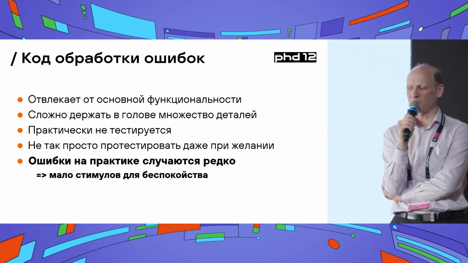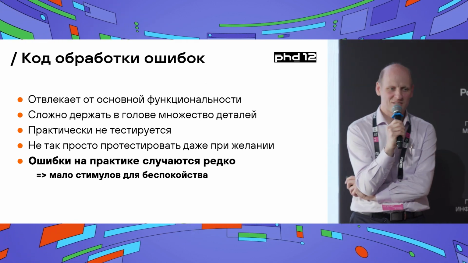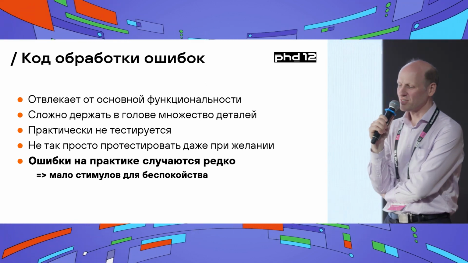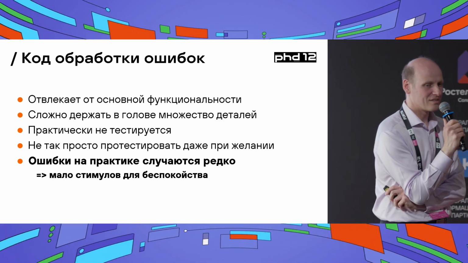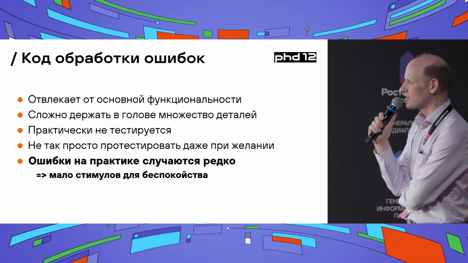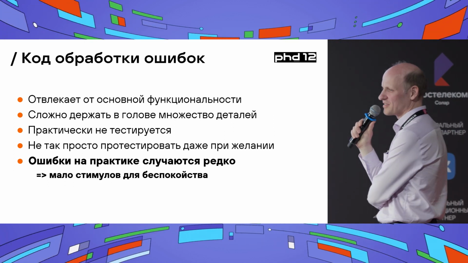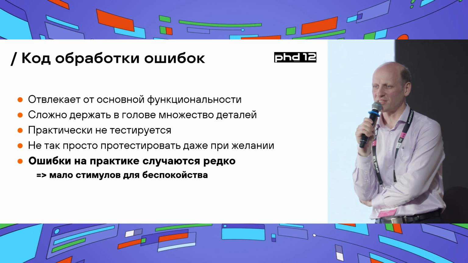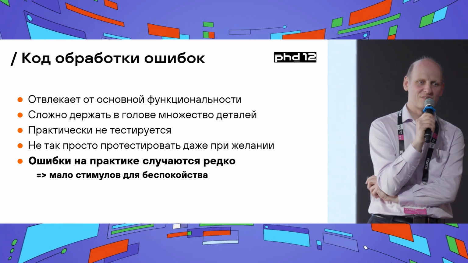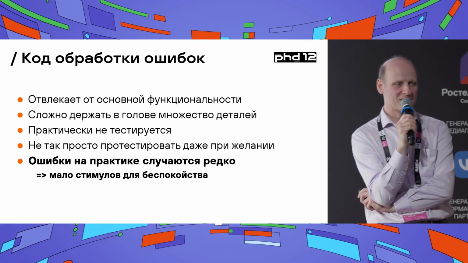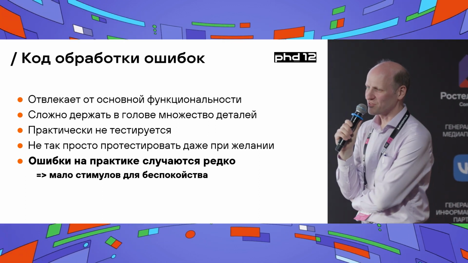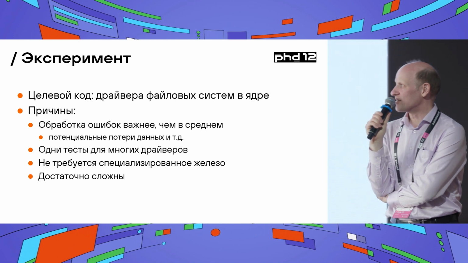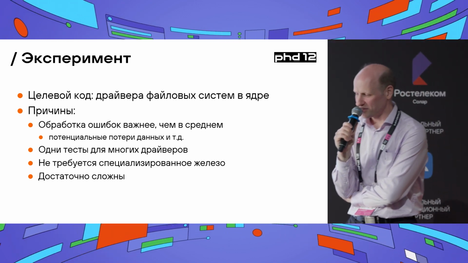It's difficult to keep things in one's head, so this code is hardly being tested. And in fact, it hasn't been an easy thing to test for a long time. And because it is very seldomly used, and if it's used, then developers don't get a lot of feedback, so not a lot was done about it.